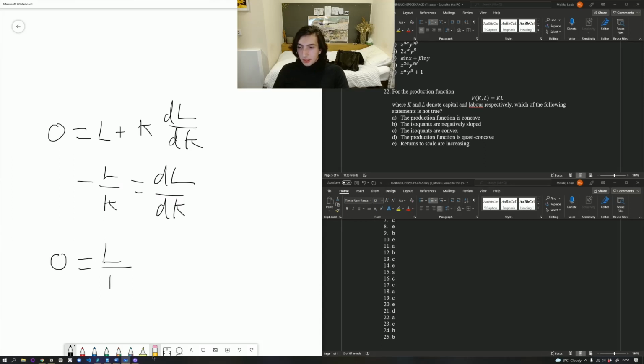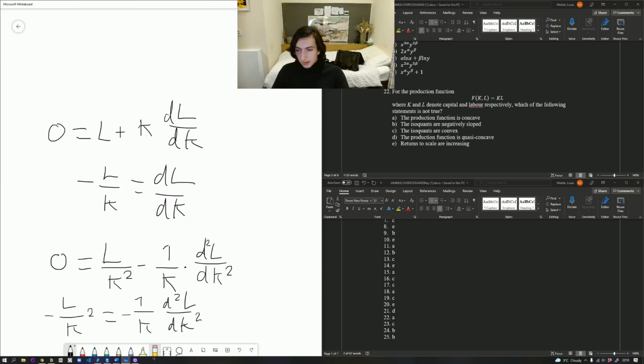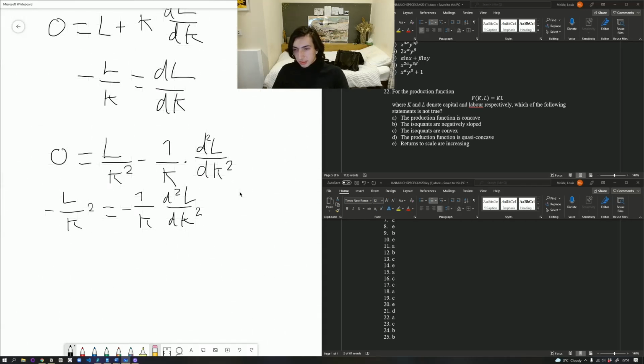So you'll have L over k squared, and then you differentiate the L and keep the k, and you're differentiating the L, so we add d squared L dk squared, and you get minus L over k squared is equal to minus 1 over k d squared L dk squared, and then you can factor out those terms. You remove that one as this one cross multiplies, and you should end up with L over K.